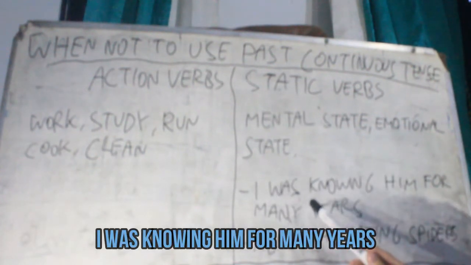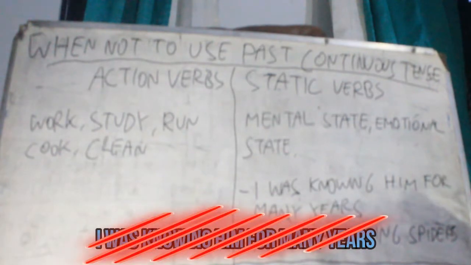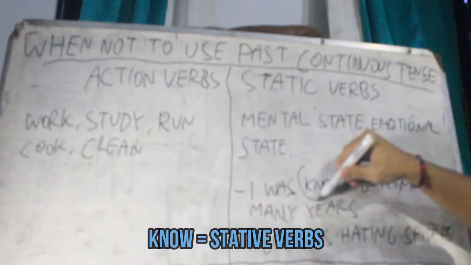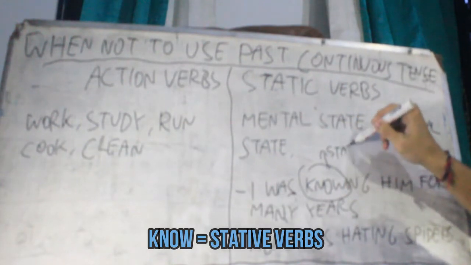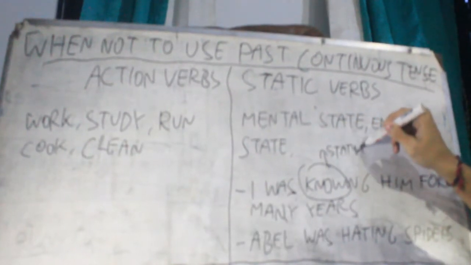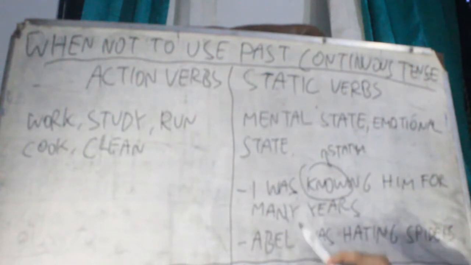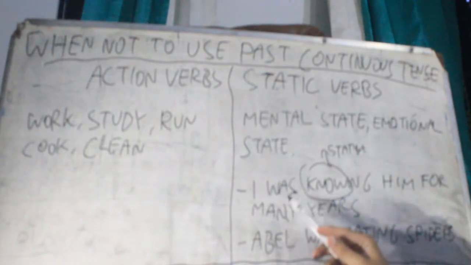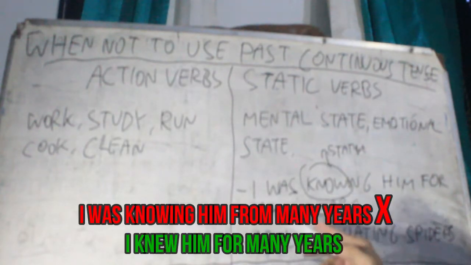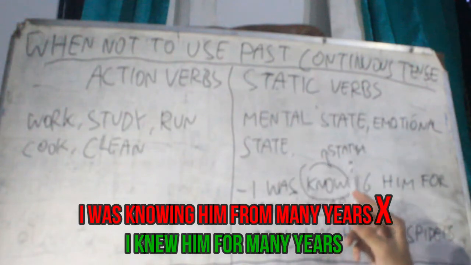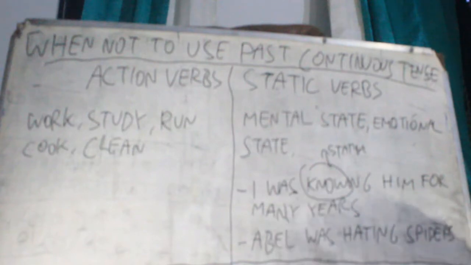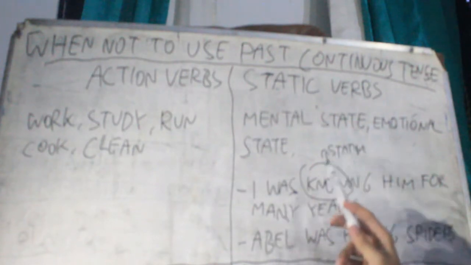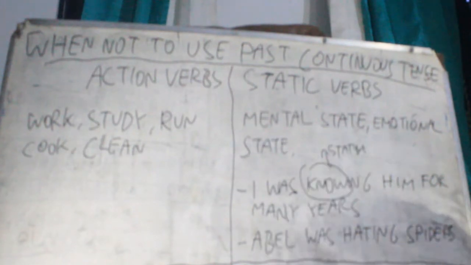This is not correct past continuous, because know is a static verb. So we should change this into simple past tense: "I knew him for many years." We are not going to use past continuous because know is a static verb, so we use simple past tense instead.